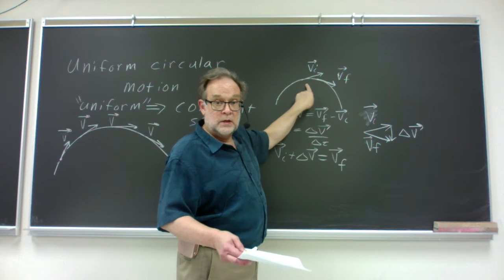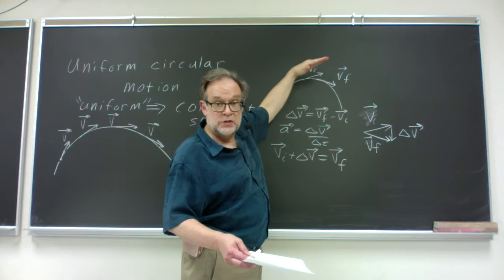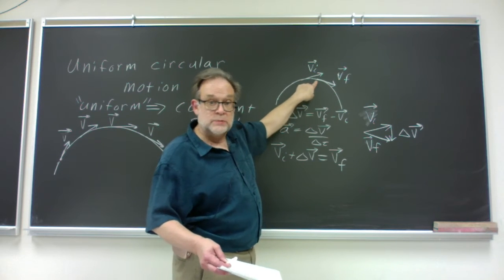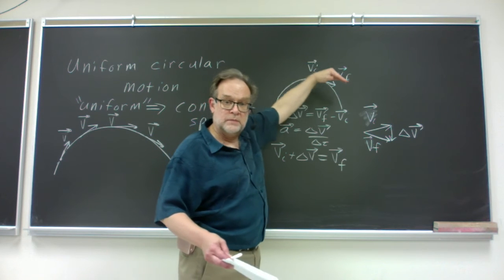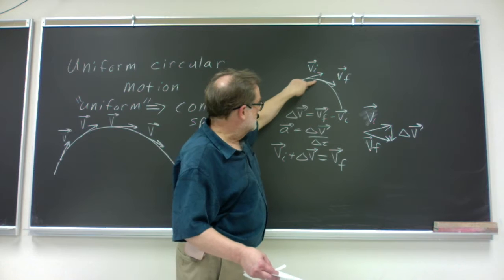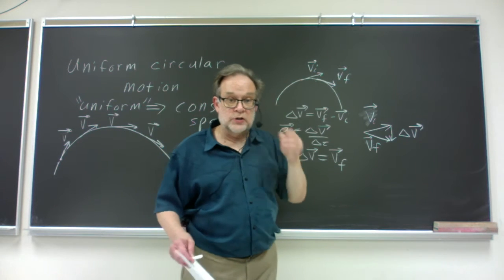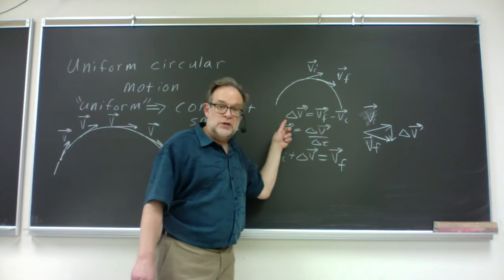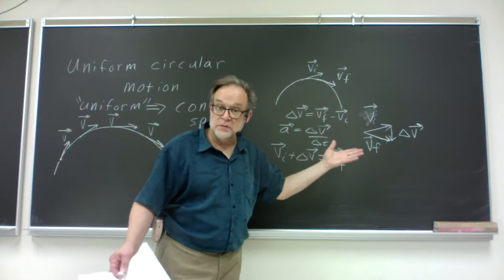When it's almost to the top of the circle, the velocity is pointing in this direction, and a very short time after it's past the top of the circle, the velocity is pointing in this direction. So direction of velocity has changed. Right? There has been a change in velocity. The initial velocity and the final velocity are different.